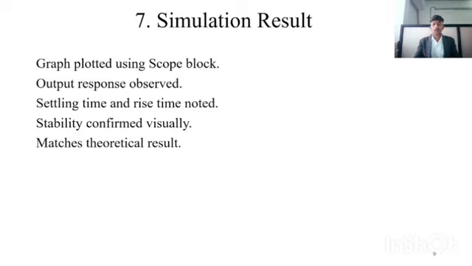Performance metrics. There are two types: rise time and settling time. The rise time, the time taken for the response to rise from 10 to 90% for underdamped systems, was observed. Settling time, the time taken for the response to remain within a 0.2% error band of the final value, was recorded.